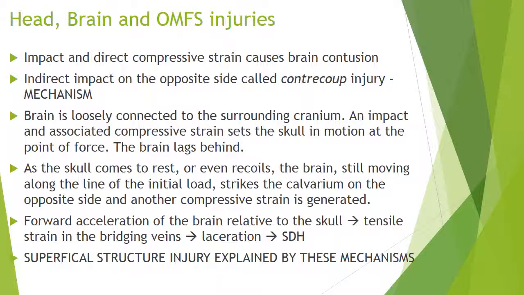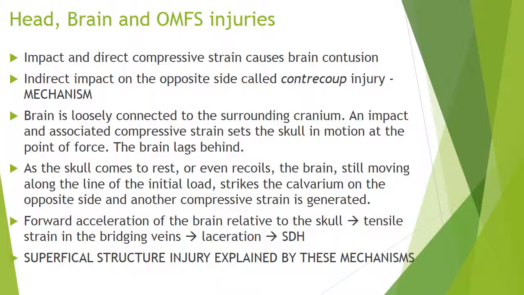The brain and the head get injured by either a direct impact, causing a compressive strain on the skull leading to a brain contusion, or by an indirect impact on the opposite side, also known as a countercoup injury. The brain is loosely connected in the surrounding cranium. Therefore, any impact or compressive strain will set the skull and the brain in motion.